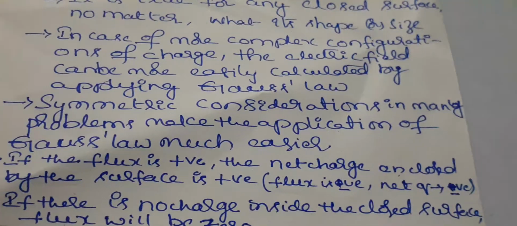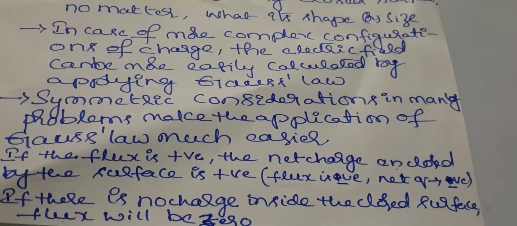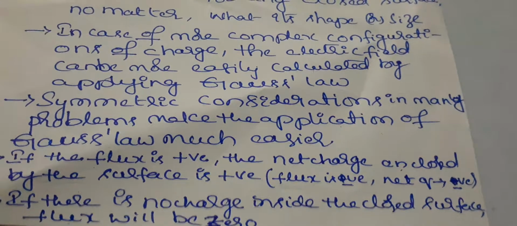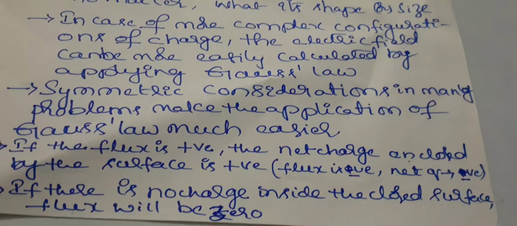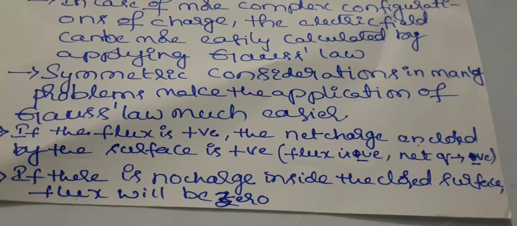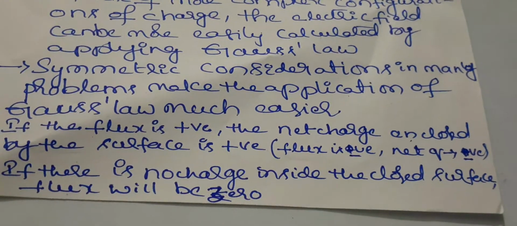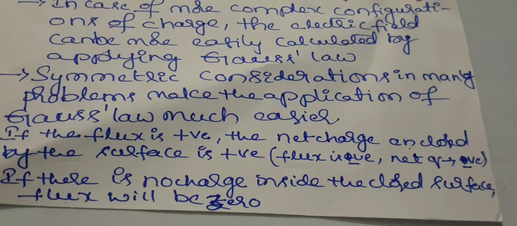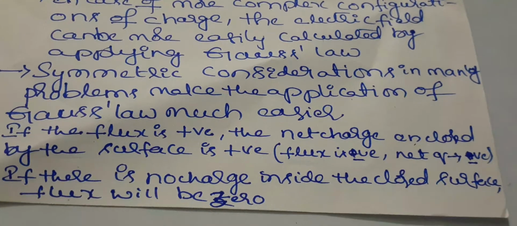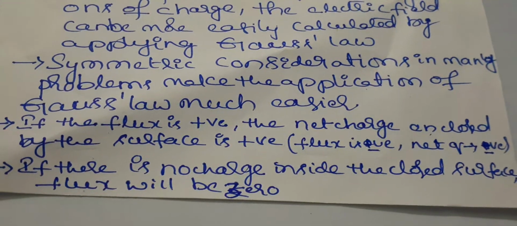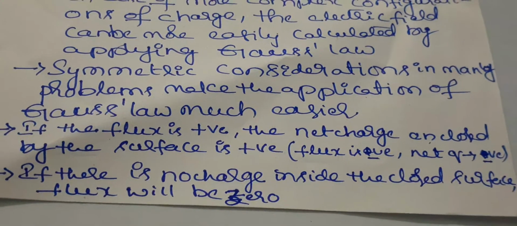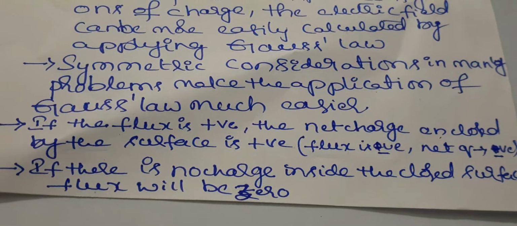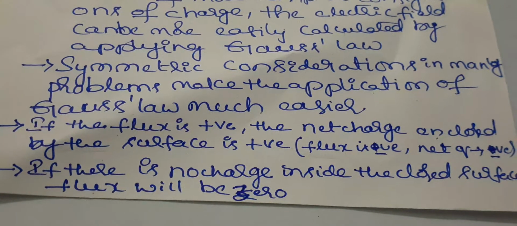Another one: symmetric considerations in many problems make the application of Gauss's law much easier. Symmetric considerations in many physics problems are related to these electric charges and fields. So in applications, Gauss law is very useful to solve problems.